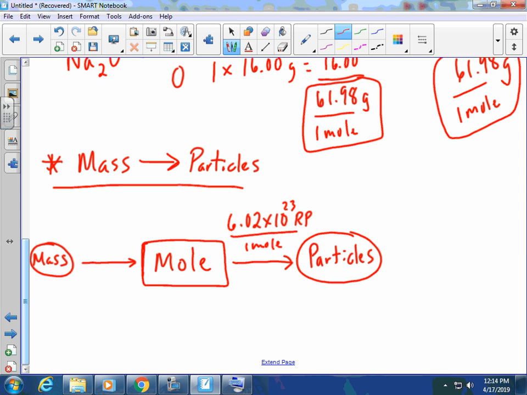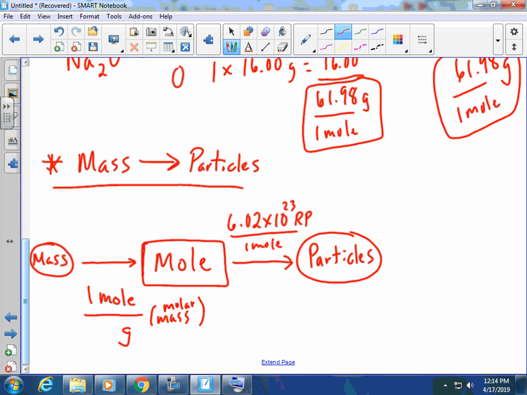And then we've kind of been practicing, you saw a little bit, how if we have the mass and we use the molar mass, which we're actually going to have to use inverted. I'll put molar mass in there.